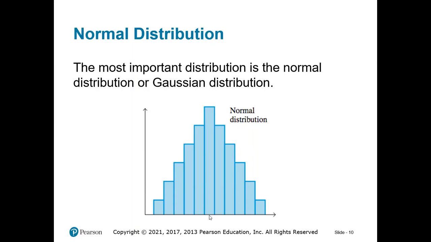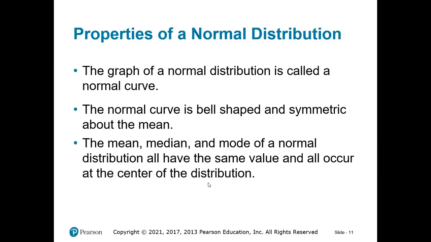When we looked at the skewed distributions, the mean, the mode, and the median, these three averages were different. But when you have a normal distribution, they all fall at the same place. As I just told you, the mean, the median, and the mode of a normal distribution all have the same value. They occur at the center of the distribution, where the symmetry happens.